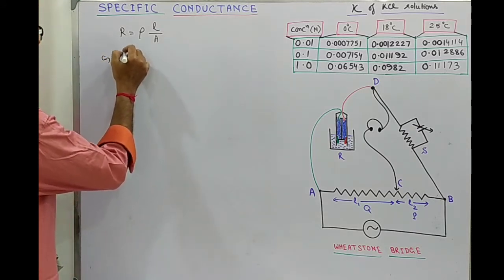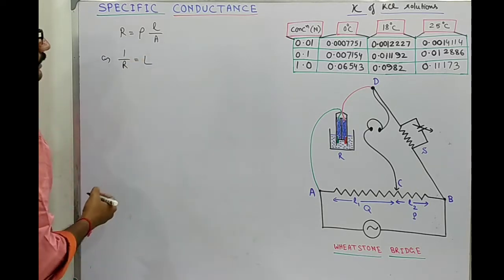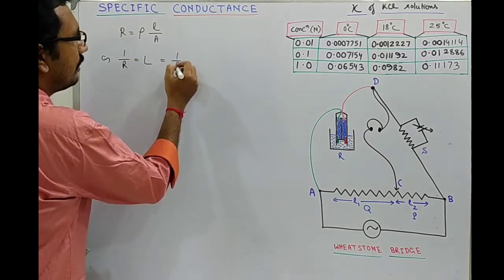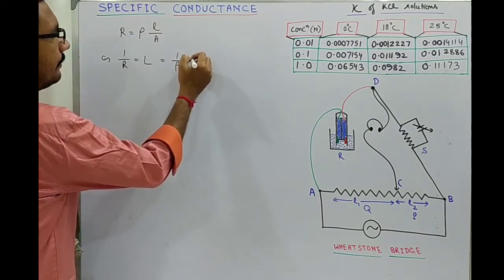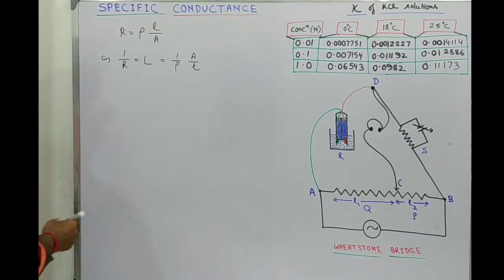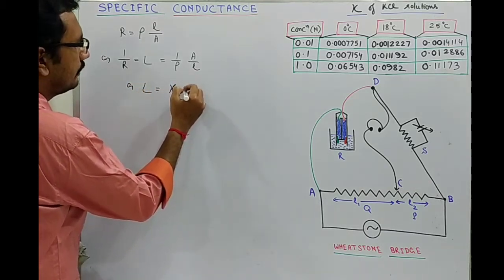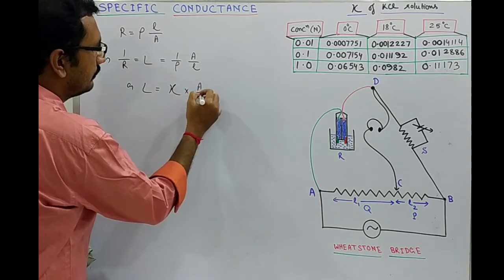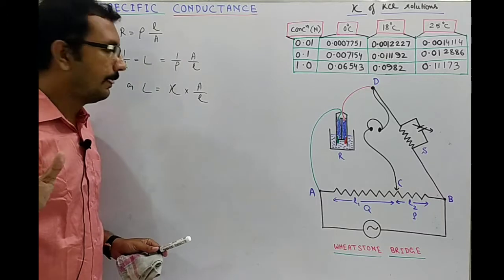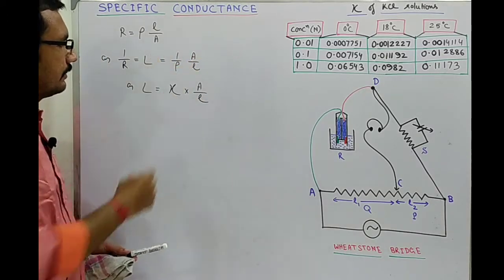Then we have the reciprocal of resistance, which was the conductance. That gave us 1 by rho, A by L. This relation we obtained in our previous lecture, which was titled conductance.